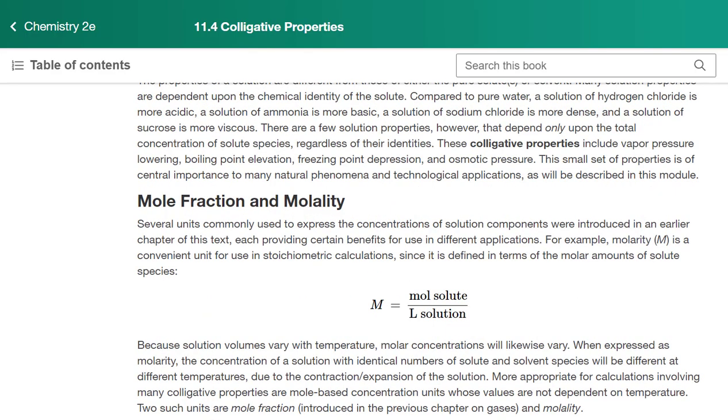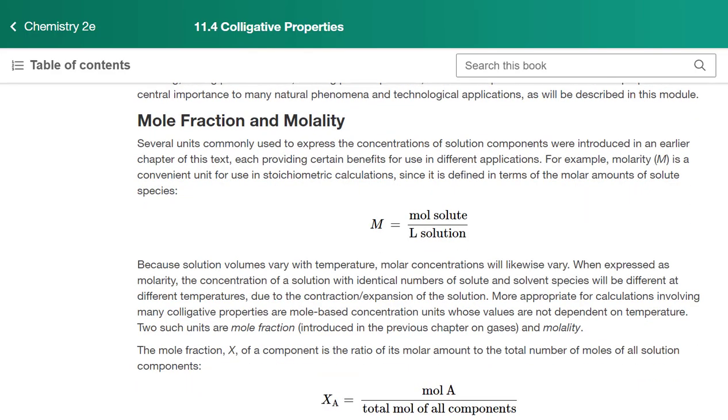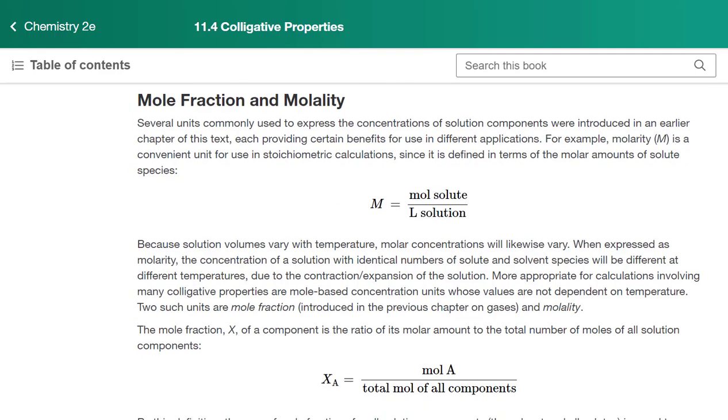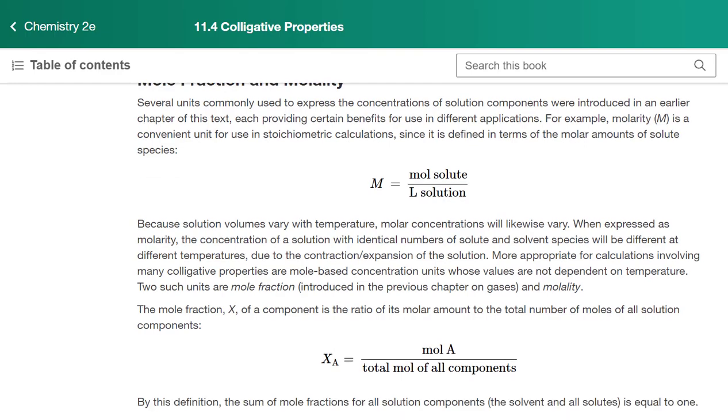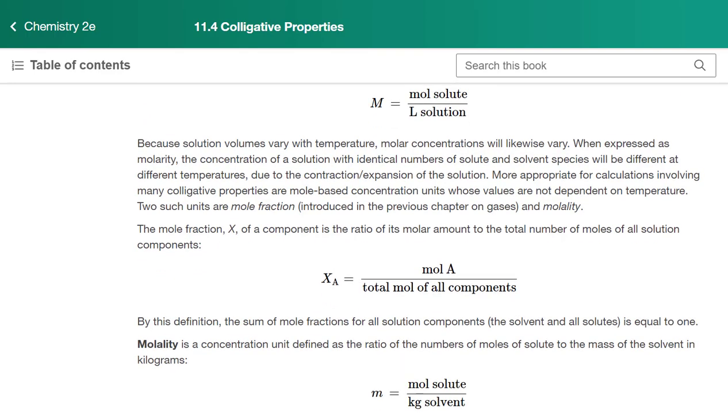When we are doing problems where we are changing from one measure of concentration to another, or we're given information to find a certain measure of concentration, you want to be very, very aware of what the units are. So that big M is moles solute per liter of solution, little m is moles solute per kilogram of solvent, because the units will determine which method you use to solve those types of problems.